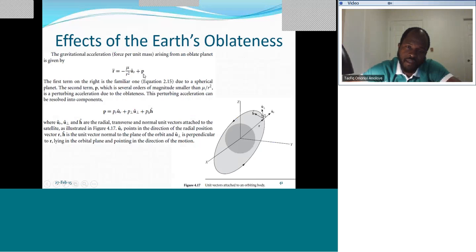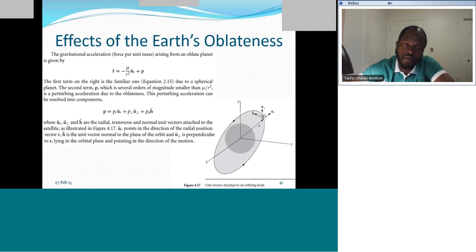It takes care of the perturbation of the motion of the satellite around the Earth, because, as you may have been able to identify, leaving this apart, this is just the two-body problem. That is the equation of the two-body problem. And that was the case when we were considering the Earth to be a perfect sphere.